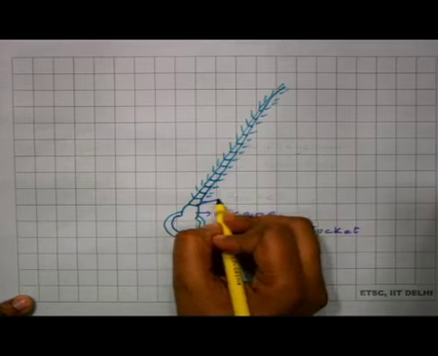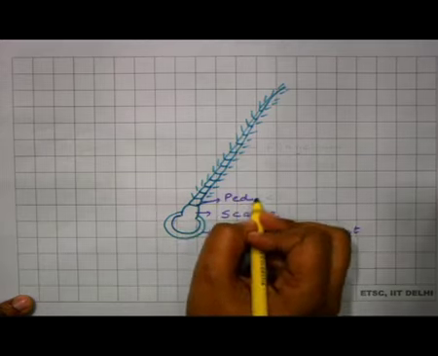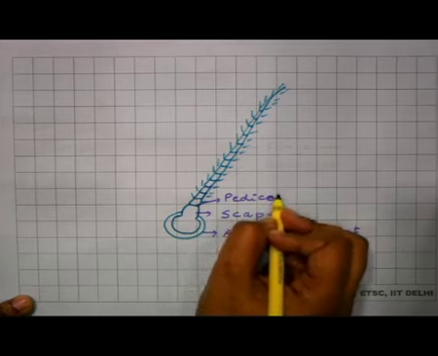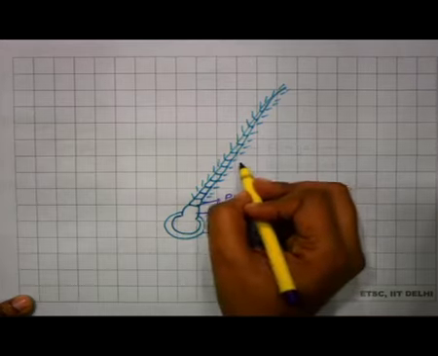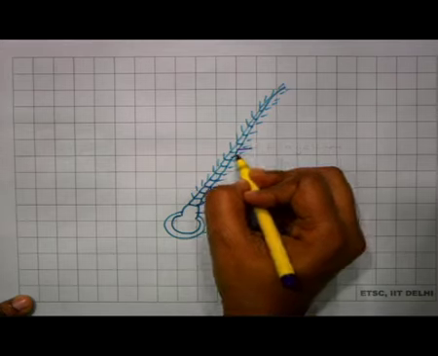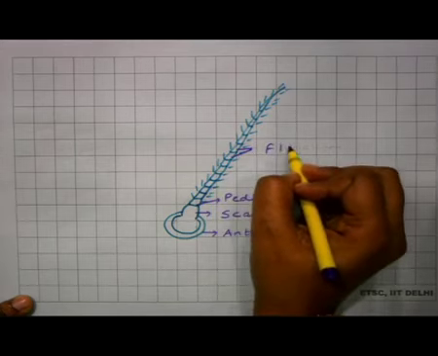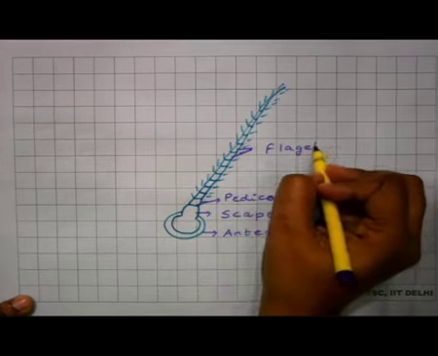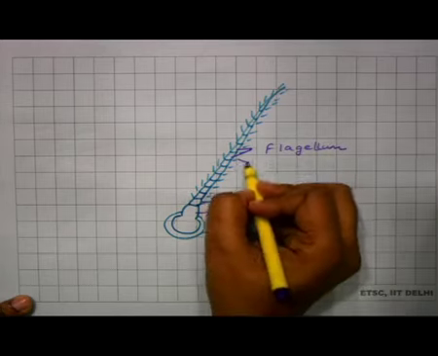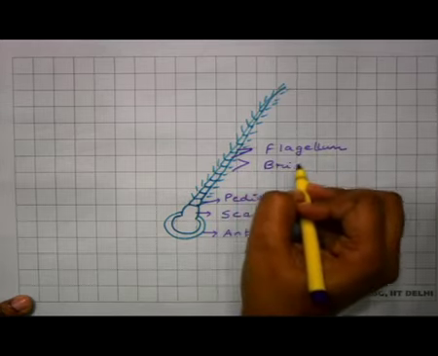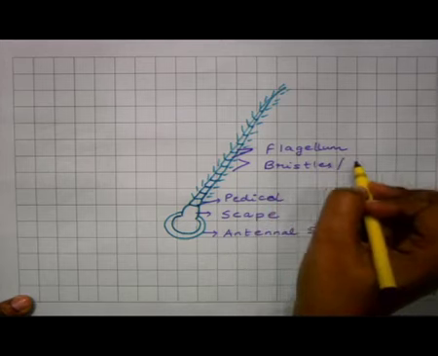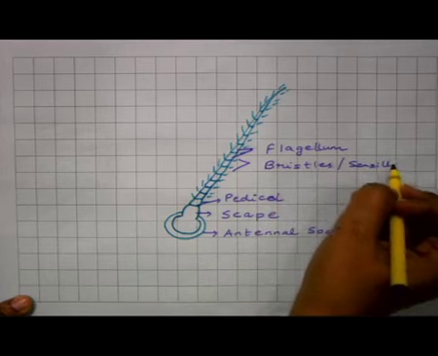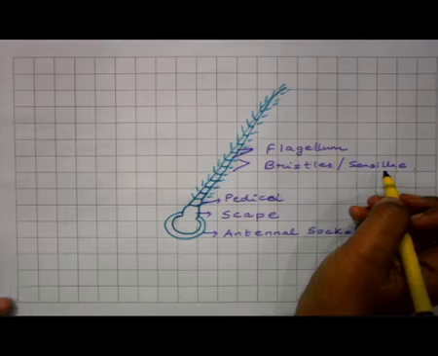The portion above it is known as pedicel. These two act as the base of the antenna, and these parts are the flagellum, and they comprise of the bristles or sensillae, which can sense the environment around.